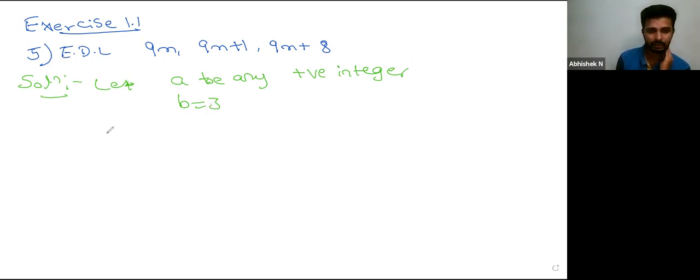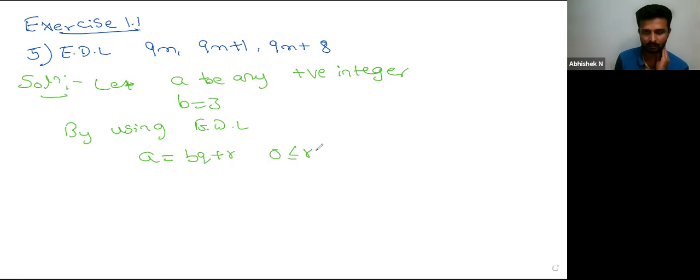By using Euclid's division lemma, we can write a is equal to bq plus r, where r is greater than or equal to 0 and strictly less than b.